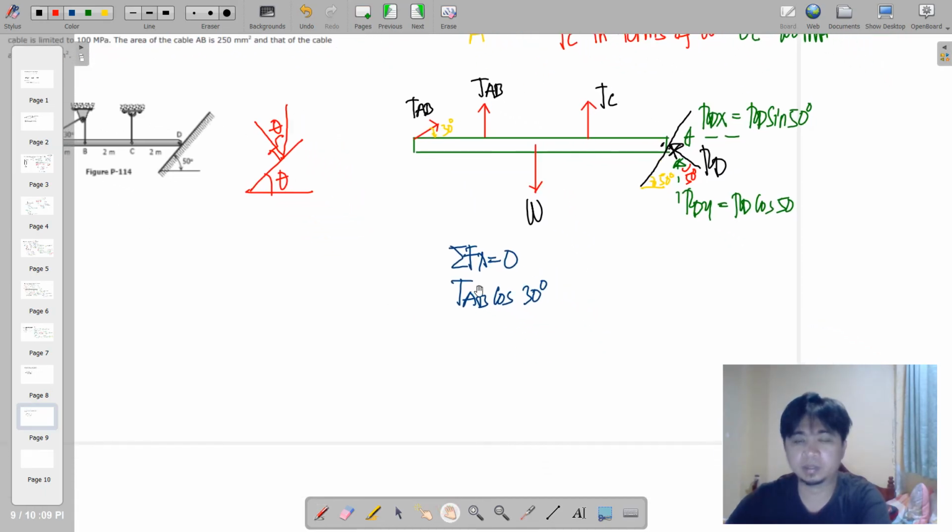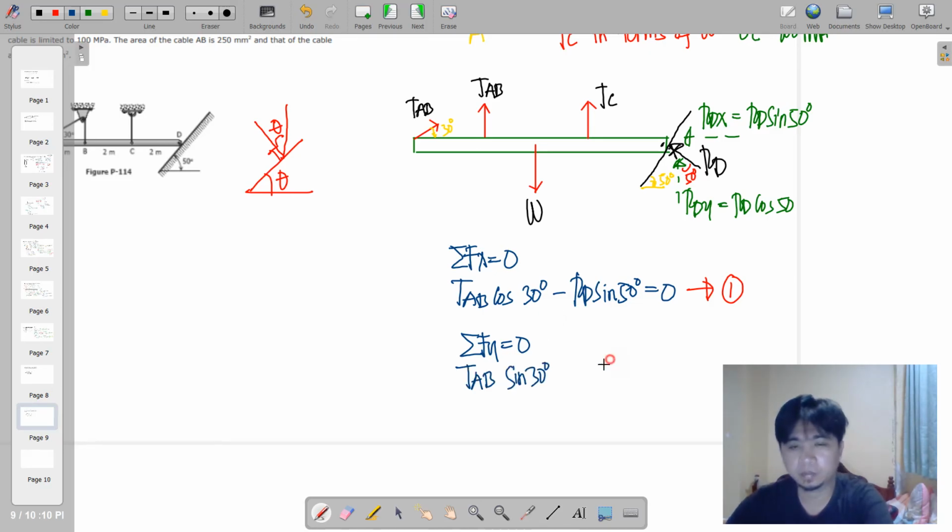So we can go back to the summation forces X. We can continue now. We have here leftwards RD sine of 50 is equal to 0. Now we tag this as equation 1 for a while and then perform the other equilibrium equation. Say summation forces Y is equal to 0.